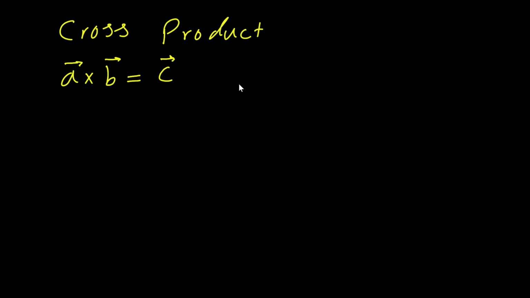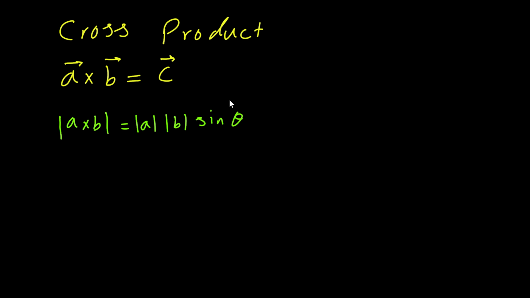So the formula for cross product is a little bit similar to what we had for the dot product. But here we have A cross B, the magnitude of it is equal to AB sine of theta.